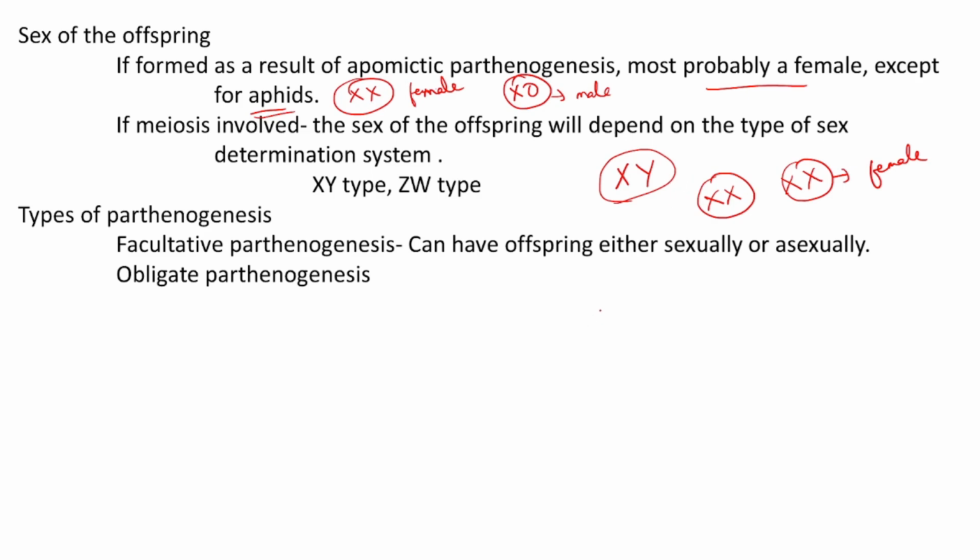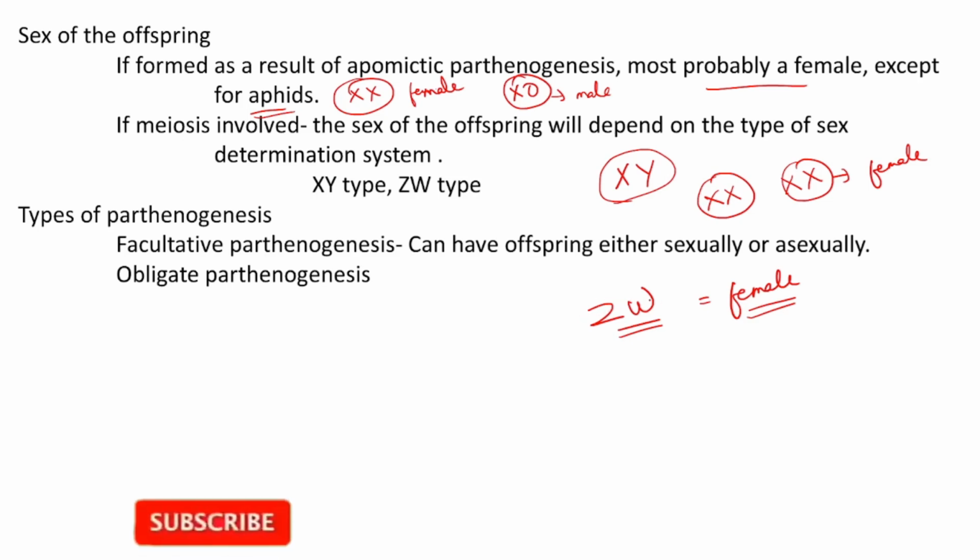If that species is having the ZW type of sex determination system, there we know that ZW is the female, and it is heterogeneous. Look here, the female condition is homogeneous, both are X. But coming to this system of sex determination, for becoming a female the composition should be heterogeneous, ZW.